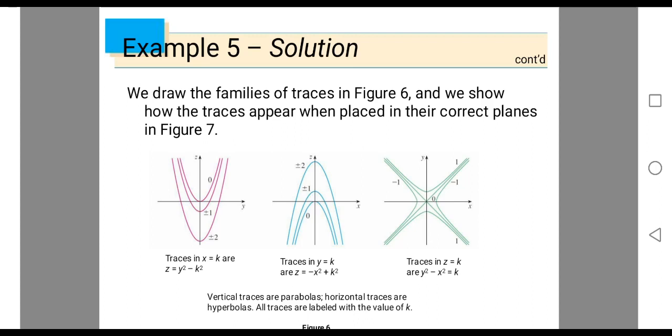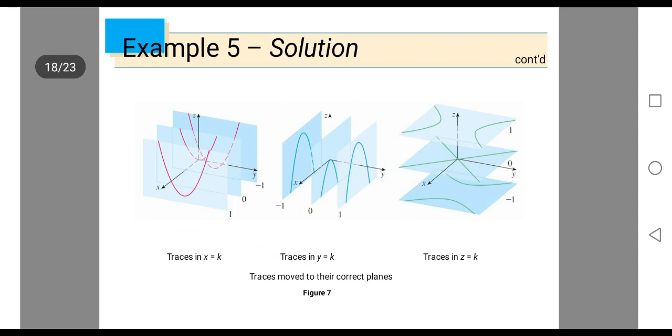All right. So here's another kind of representation. You can see the traces in x is equal to k. You can see three traces, right? And they all are opening towards the positive portion, toward upwards.